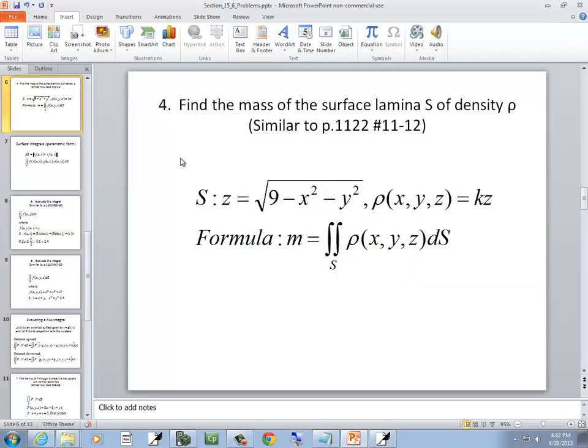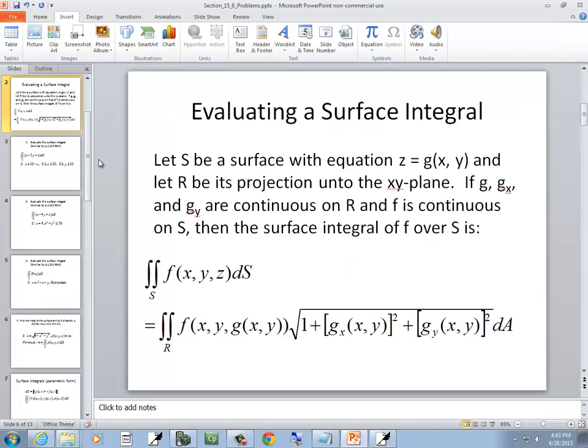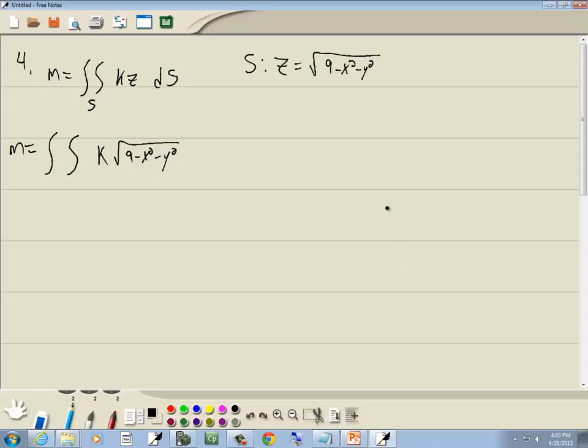Now, remember what we multiplied by now is this, square root of 1 plus all of this. Remember, this is g of xy. So our partial, and that's the same as 9 minus x squared minus y squared to the 1/2 power.